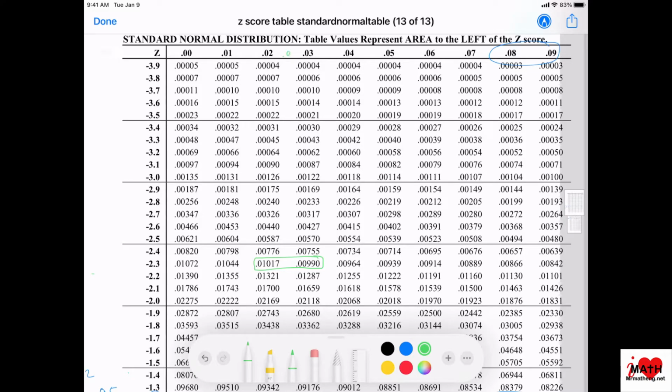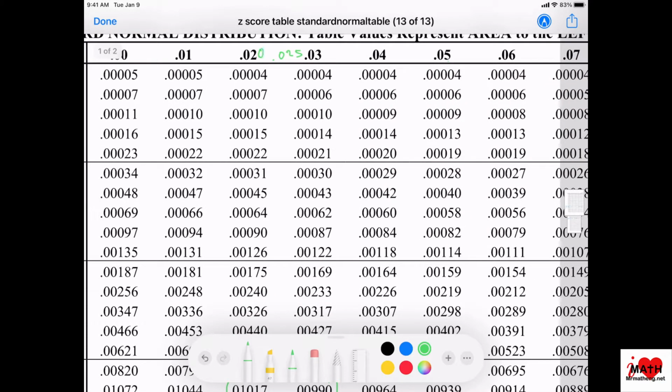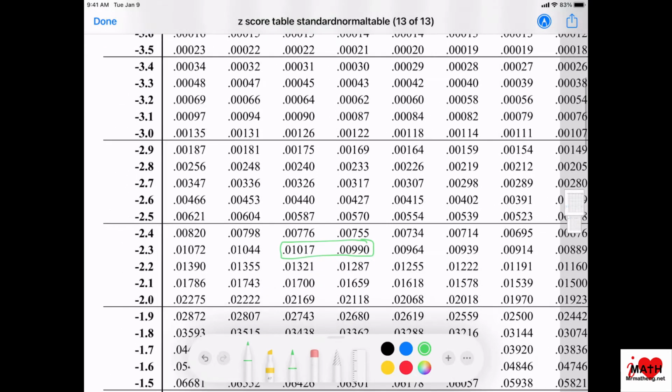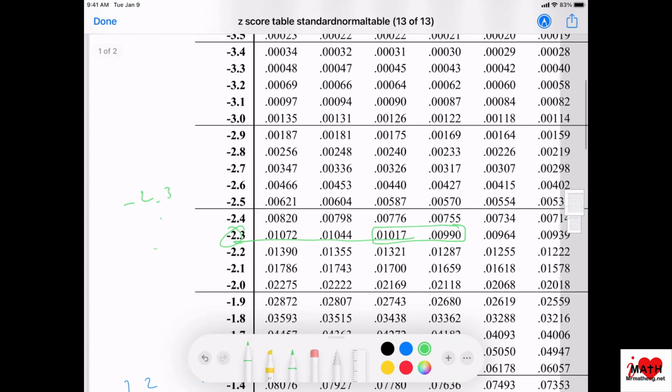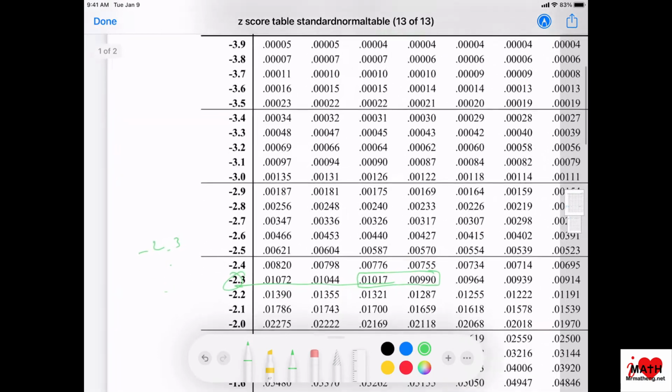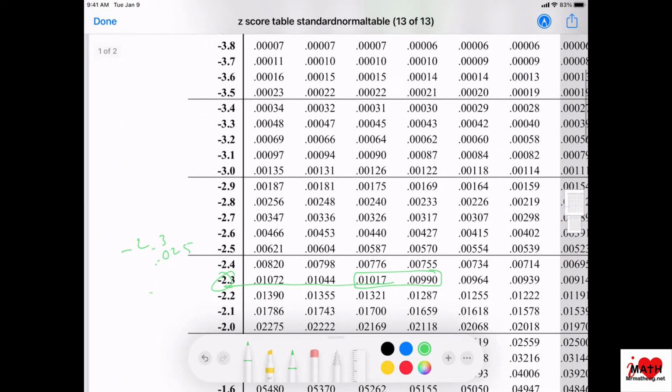So you can use between these numbers, right? You can add zeros there to help you make sense of it. It's kind of like 0.020, 0.025, then 0.030, so 0.025. And that's negative 2.3. And that number over here was 0.025.